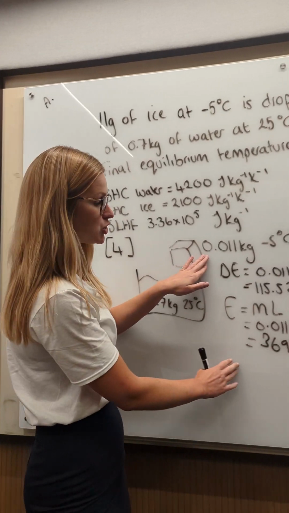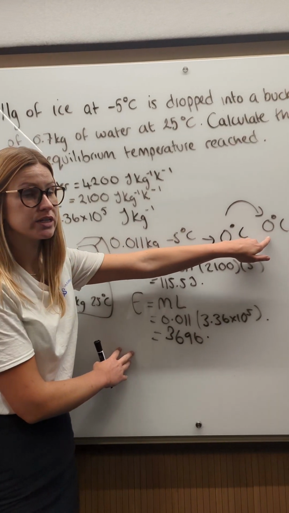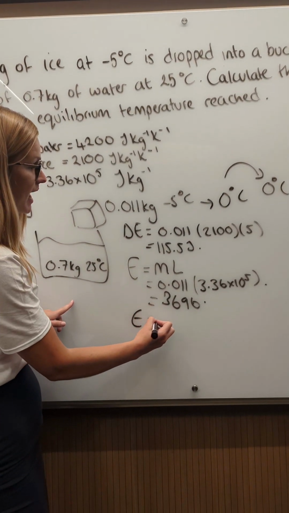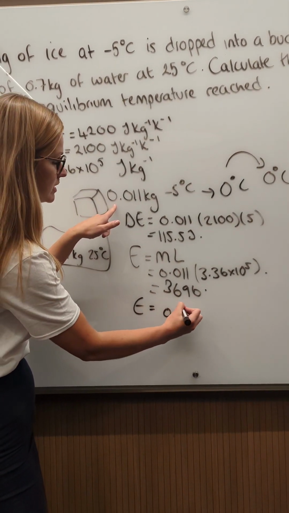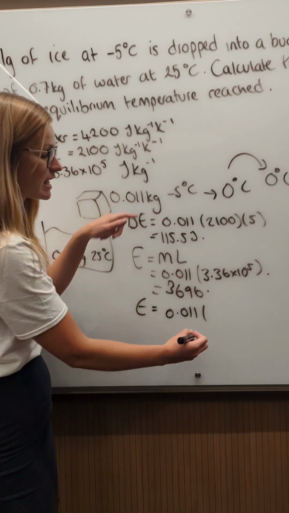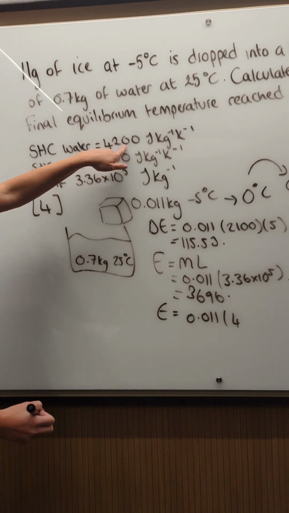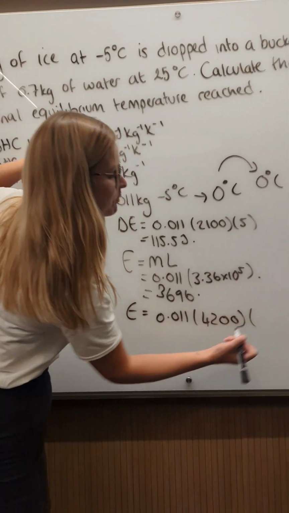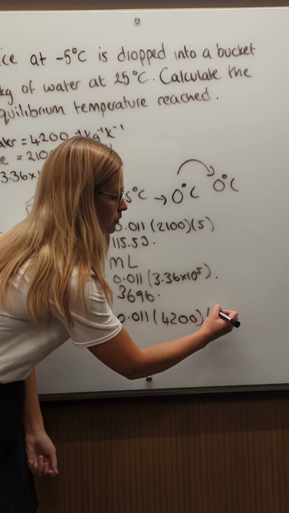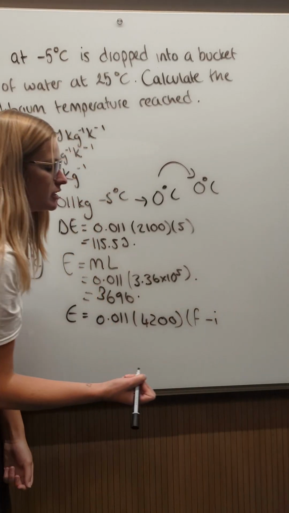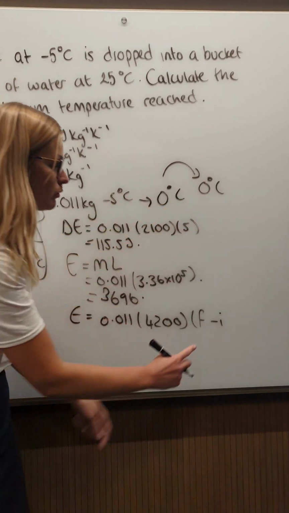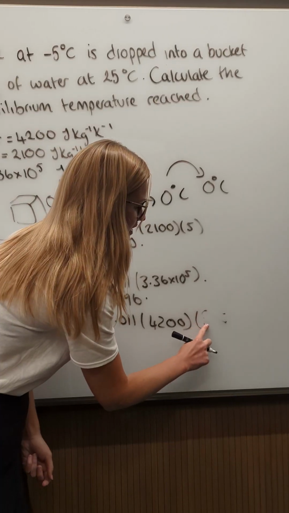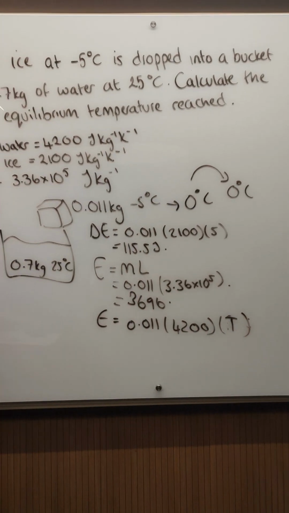The increase for the water that's now at 0 degrees Celsius is the mass of that water times the specific heat capacity of water, times the change in temperature. The change in temperature is the final minus the initial, and because the initial is 0, we can just ignore that and have it as T for our final temperature.